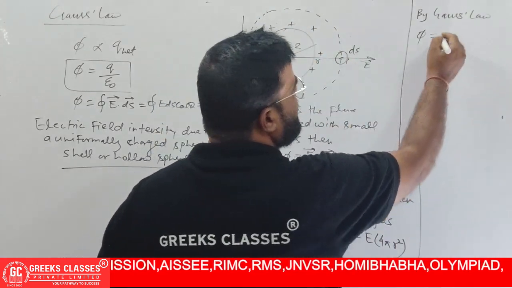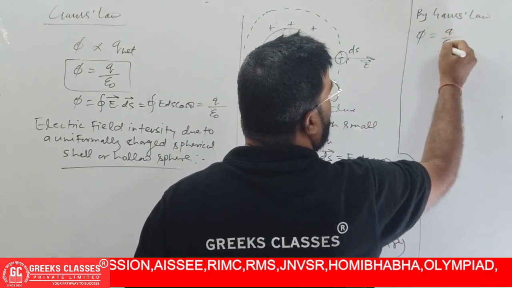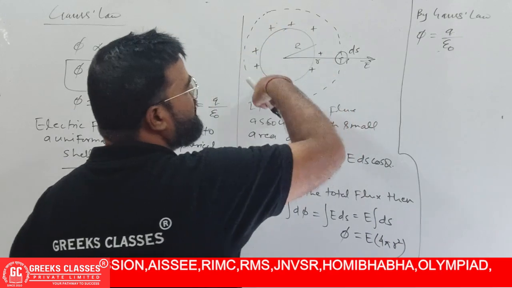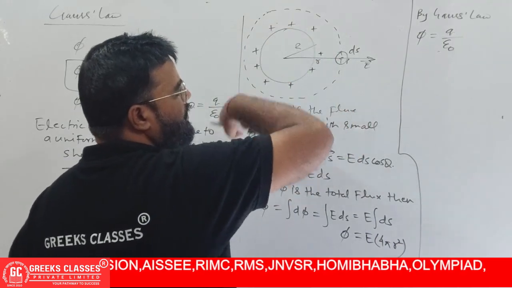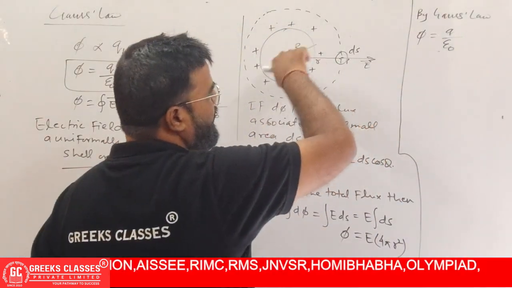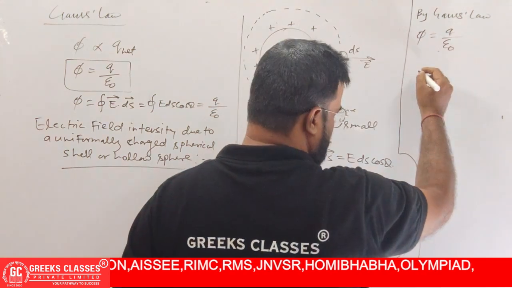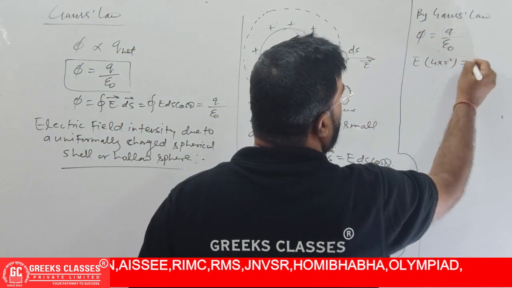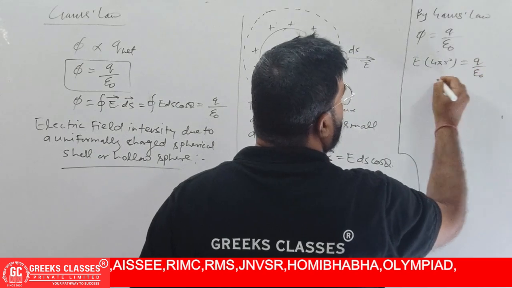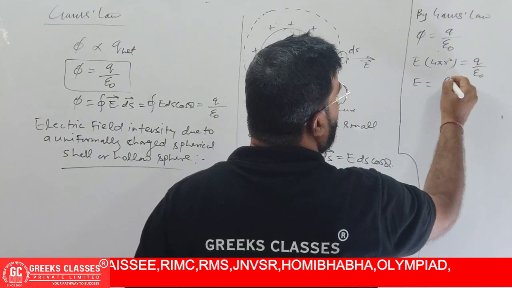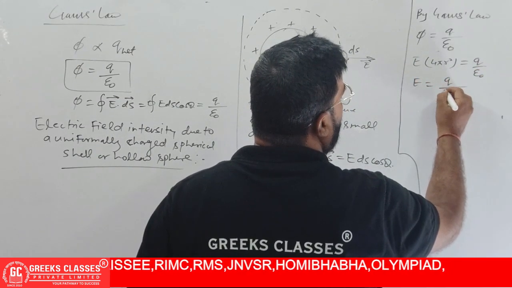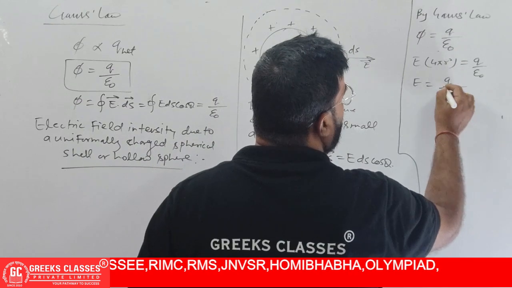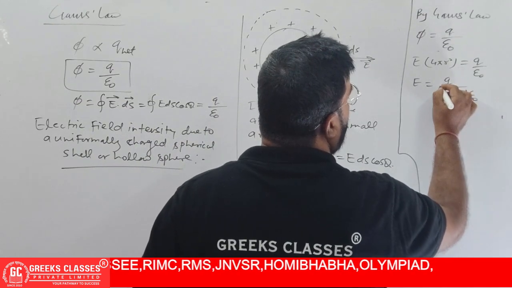Where Q is the total charge on the surface of this sphere of radius capital R. So phi is E into 4 pi r square equal to Q upon epsilon naught. So I can write E equal to Q upon 4 pi r square epsilon naught.